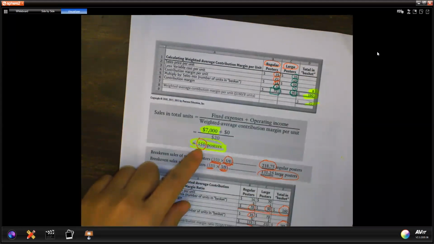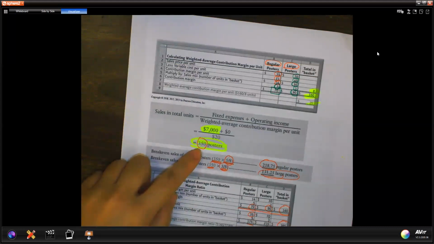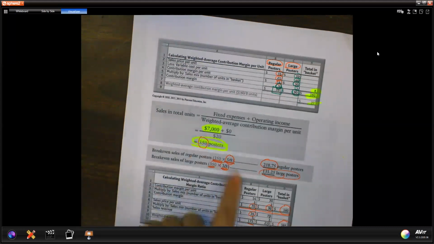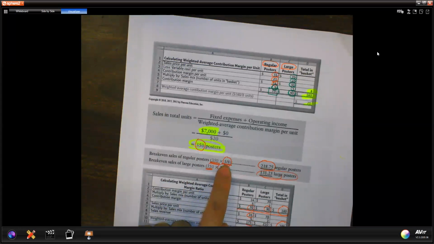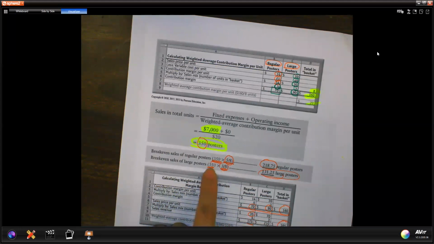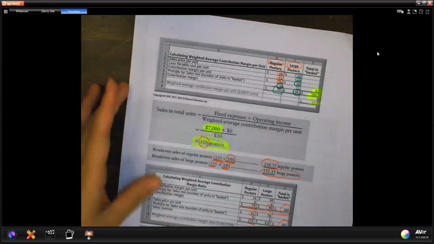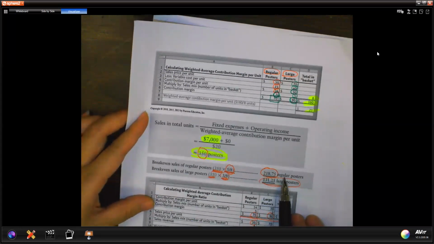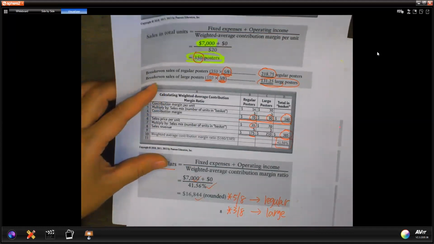And then you get 350 weighted average units. Out of that, 5 out of 8 is the regular, so you multiply by that portion, and 3 out of 8 of the 350 will be your large poster. So that gives you the break-even point in units for each product. Similarly, you can also do the dollar amount. So make sure you know how to do this part.